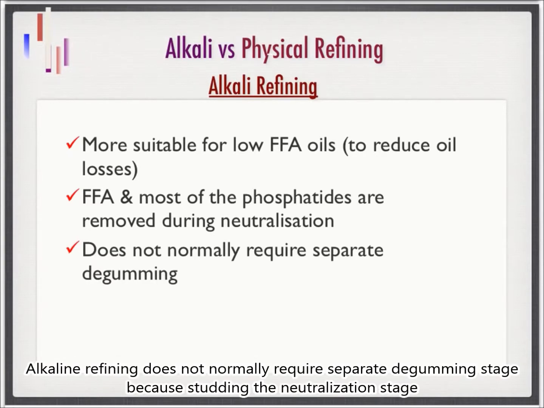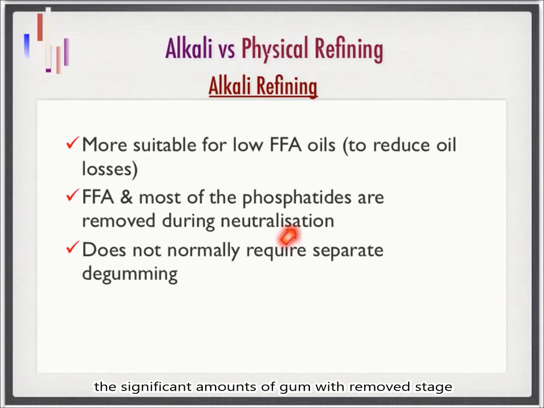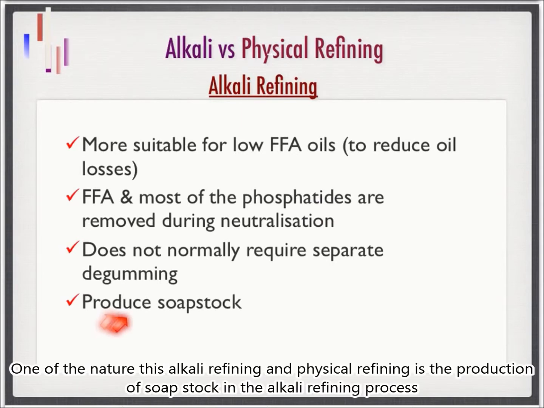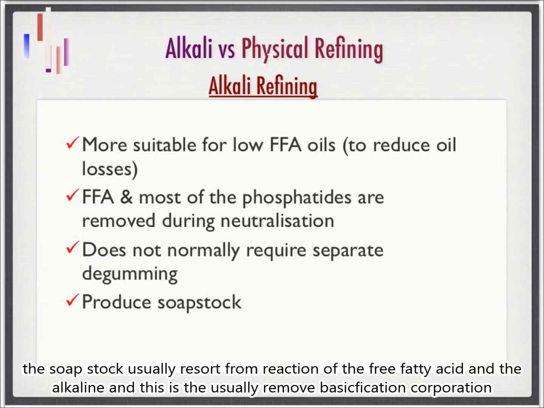Alkali refining does not normally require a separate degumming step, because during the alkali neutralization step, a significant amount of gums has been removed at this stage. One of the major differences between alkali refining and physical refining is the production of soap stock in the alkali refining process. The soap stock actually results from the reaction of the free fatty acid and the alkali, and this is usually removed by centrifugation.